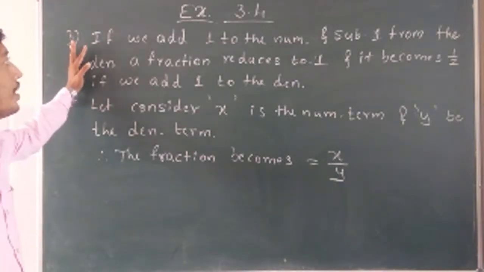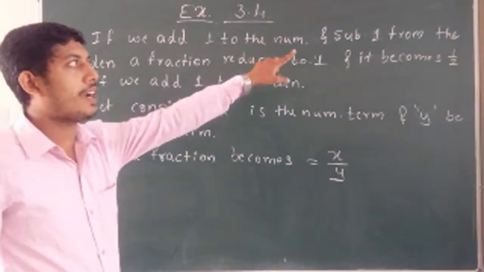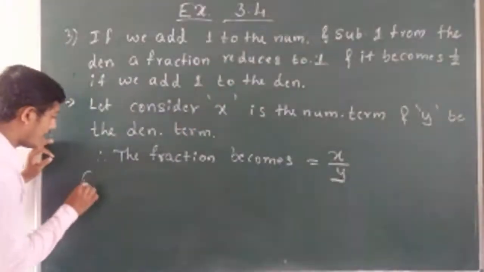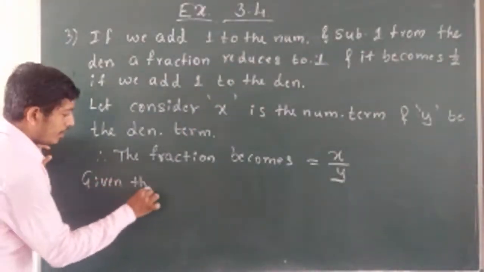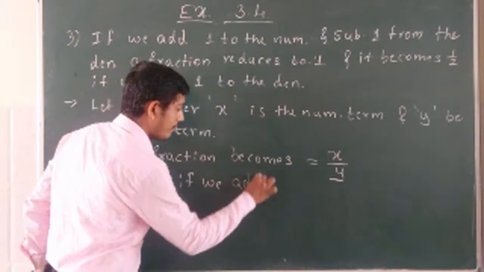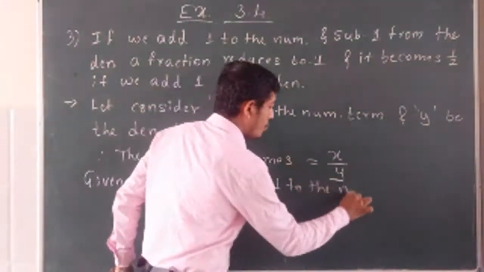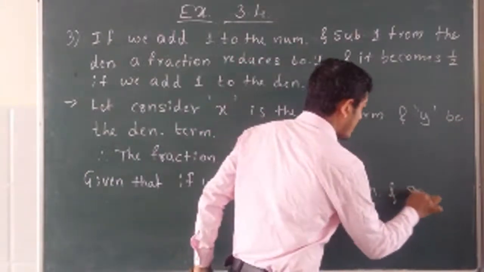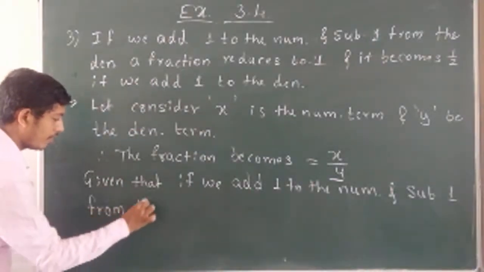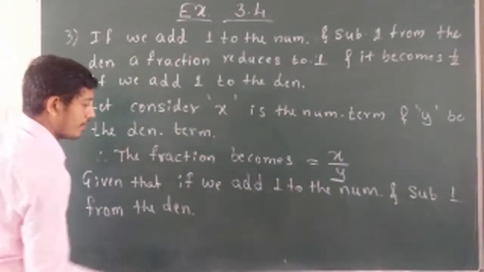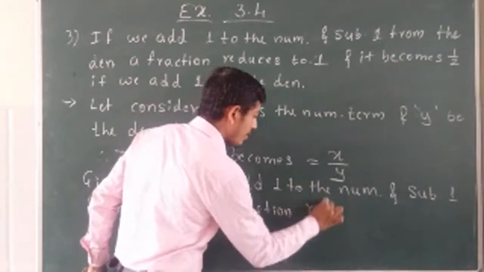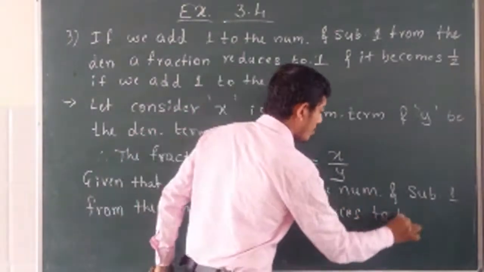Given that if we add 1 to the numerator and subtract 1 from the denominator, the fraction reduces to 1.